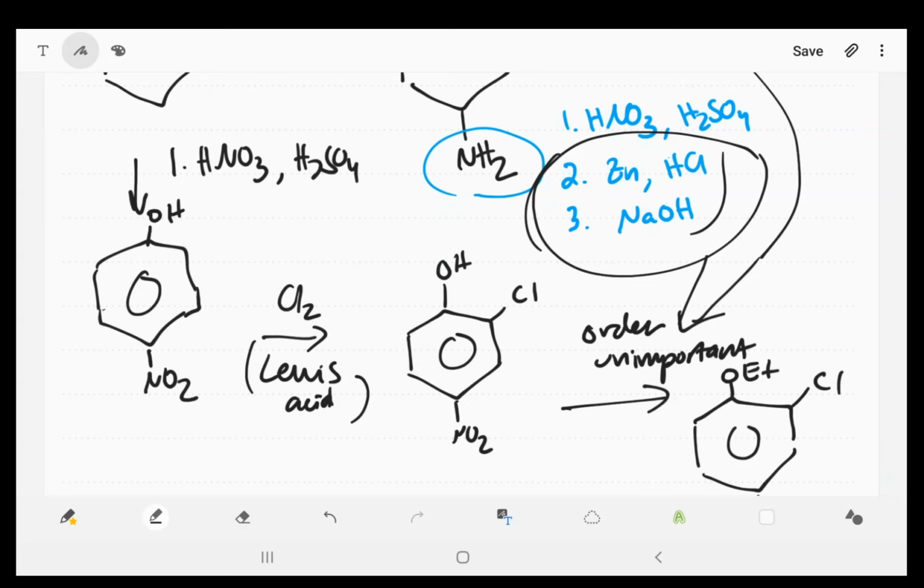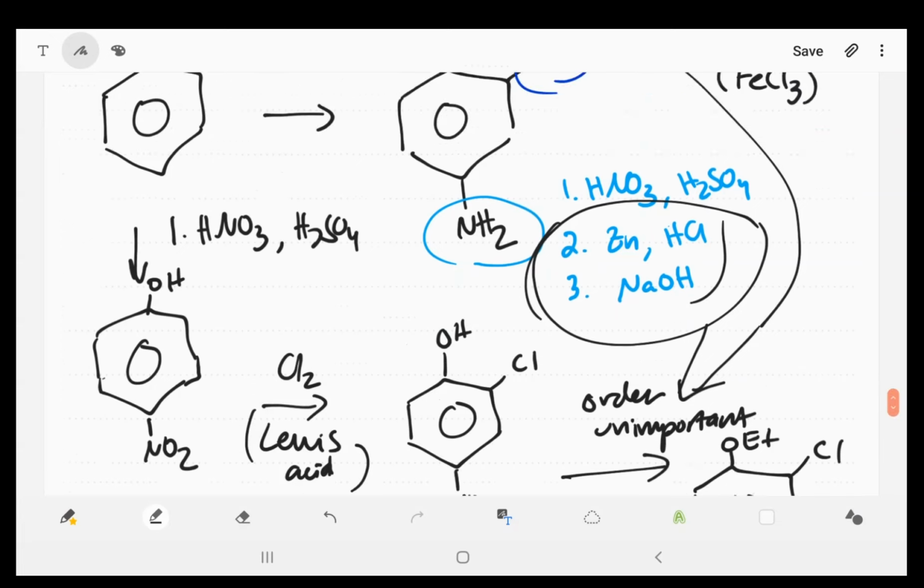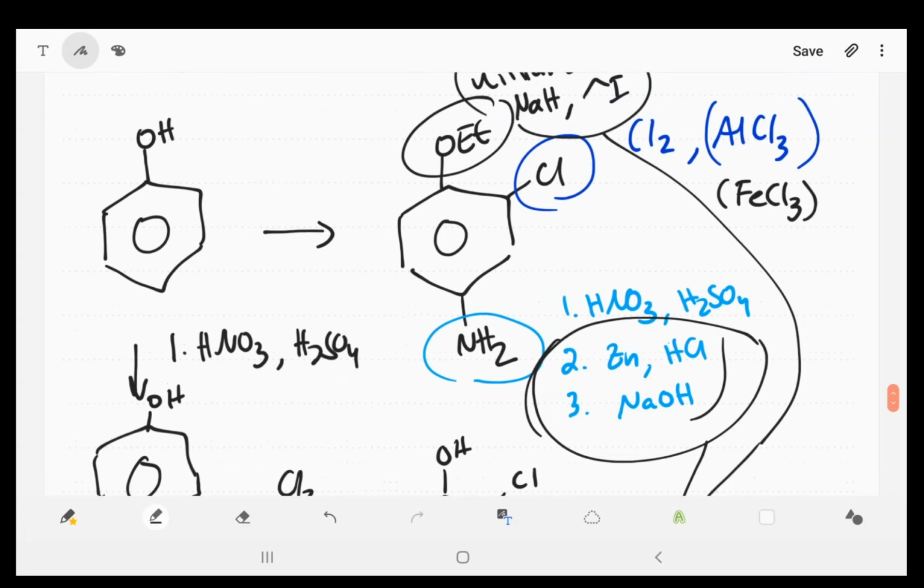And here we have options. We could have done the Williamson first, it doesn't really change things. It makes it a little less strong, but it's still a moderate activator, so it's still okay.